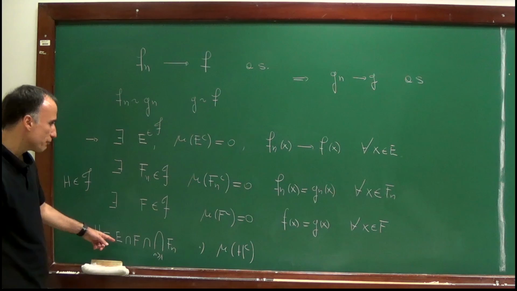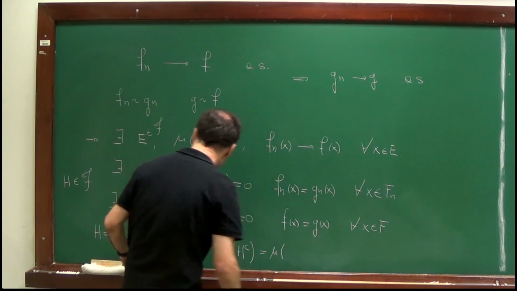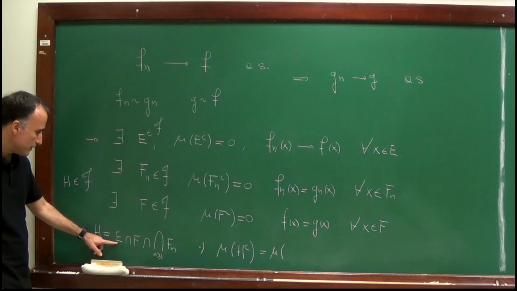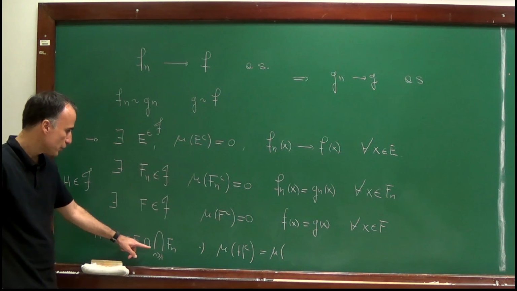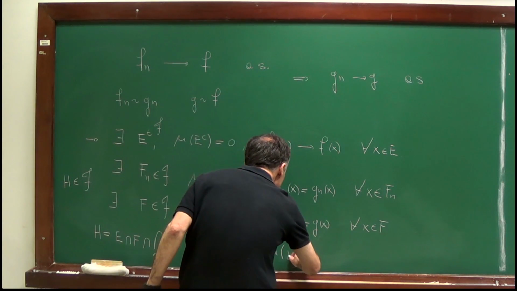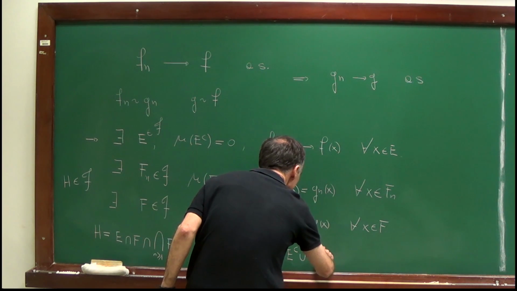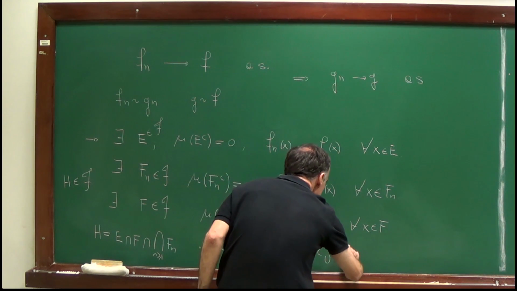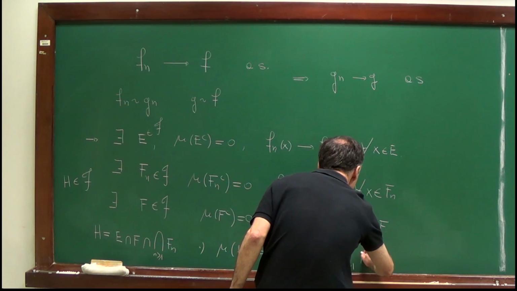Well, the complement of H is, by its definition, the complement of E union the complement of F union the union over n larger than 1 of the complements of Fn.